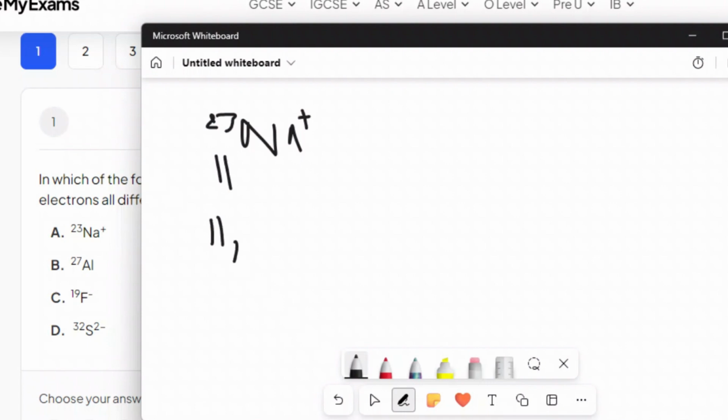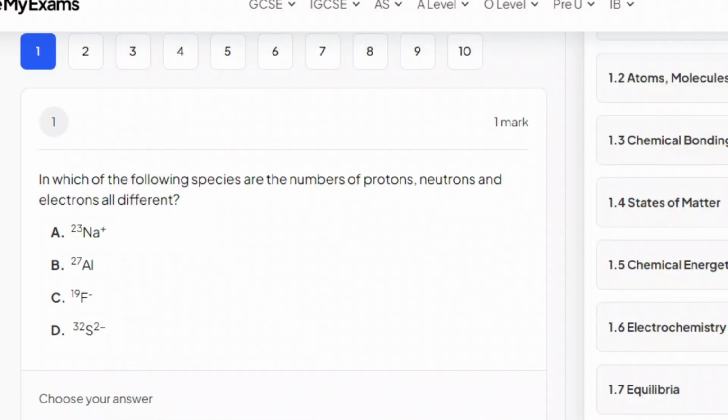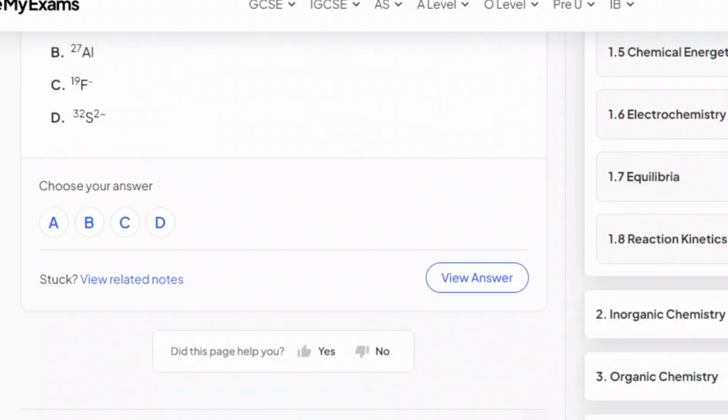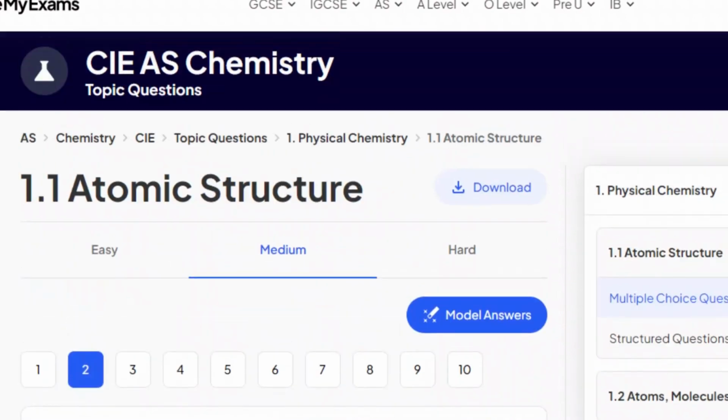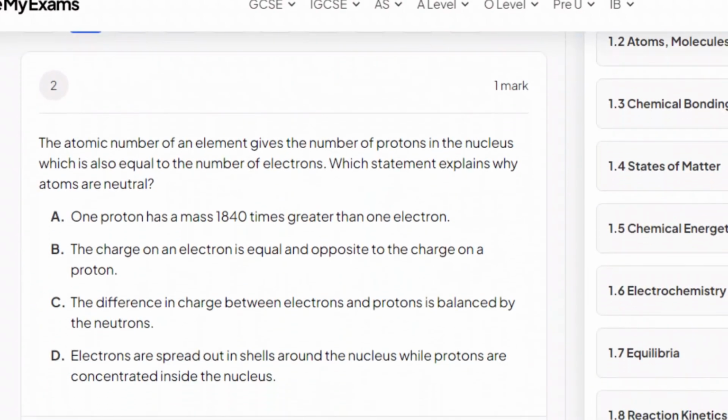So since it's got 11 protons, and by extension it would have 12 neutrons, you can see here that it's a positive ion, so it's lost an electron, so it's going to have 10 electrons. So sodium is the correct answer.